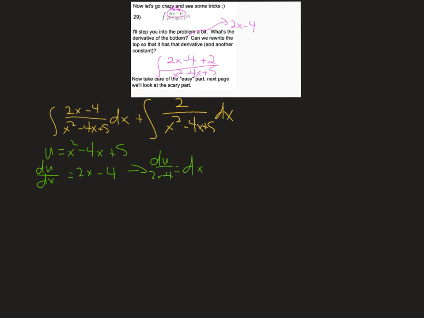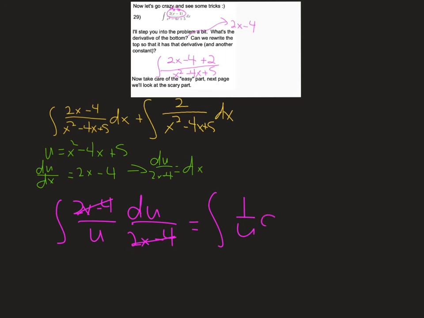We're going to have u on the bottom, du over 2x minus 4. Those will cancel out. So that's 1 over u du. You should recognize that as the natural log of u plus c.